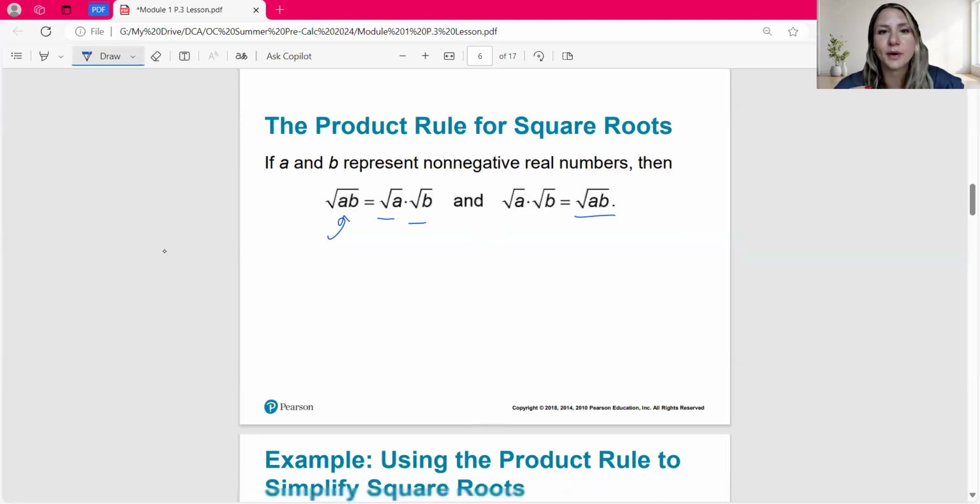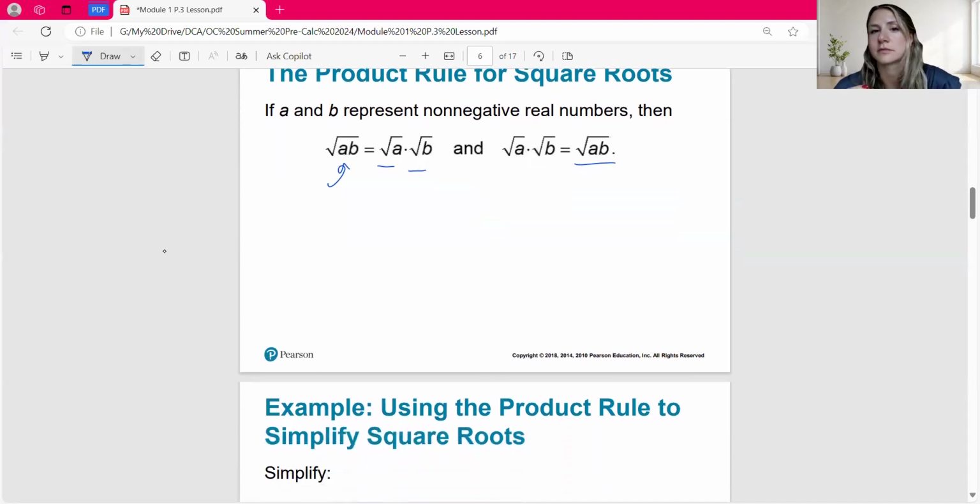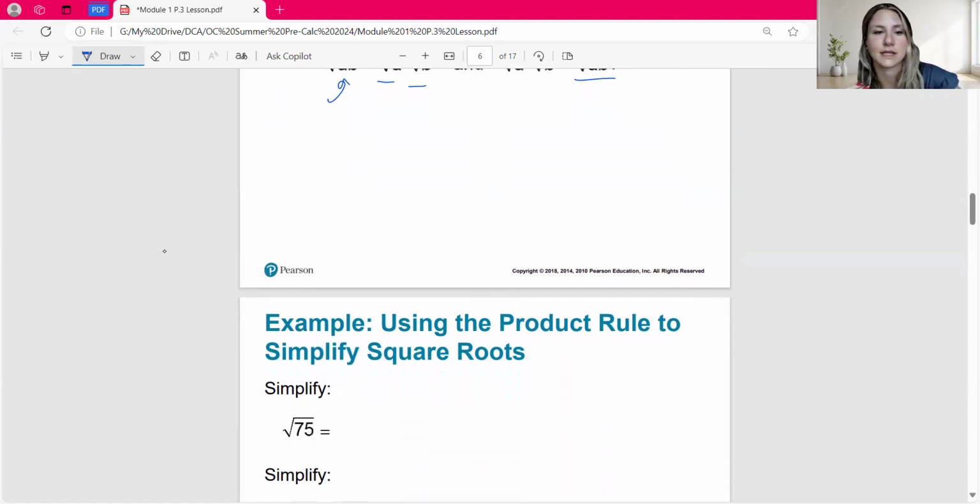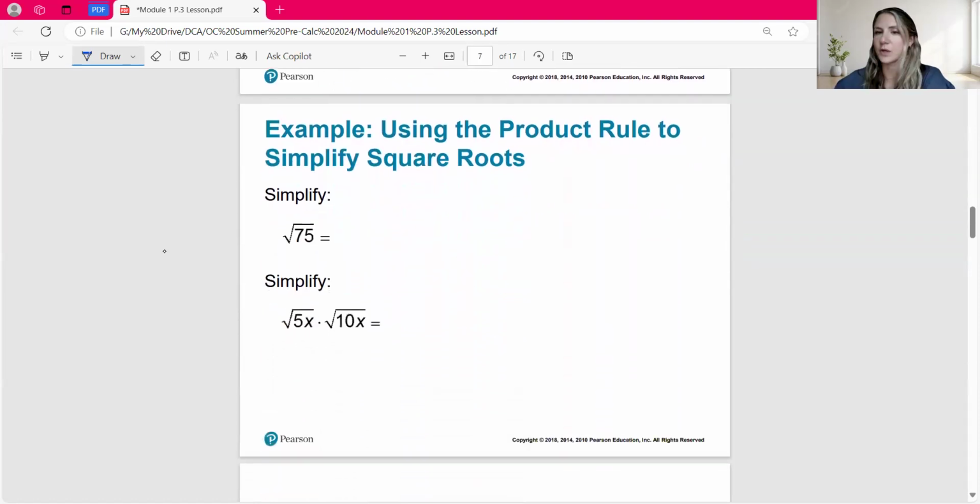And so an example of this product rule, let's check out these two examples. So we have the square root of 75. That's one term, one number. I can break this up and think of two numbers that multiply to 75, in particular where one is a perfect square.